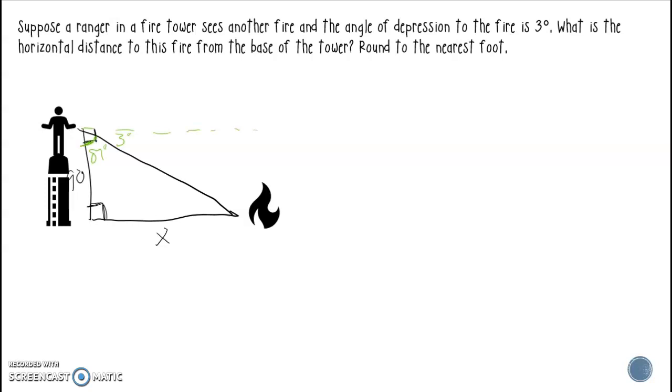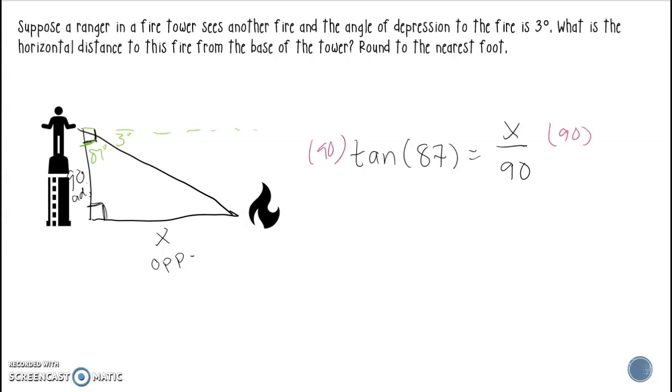Using this angle would make this side the opposite and this side the adjacent. So I could have done tangent of 87 equals x over 90. When I multiply by 90, I get 90 tan of 87 equals x.